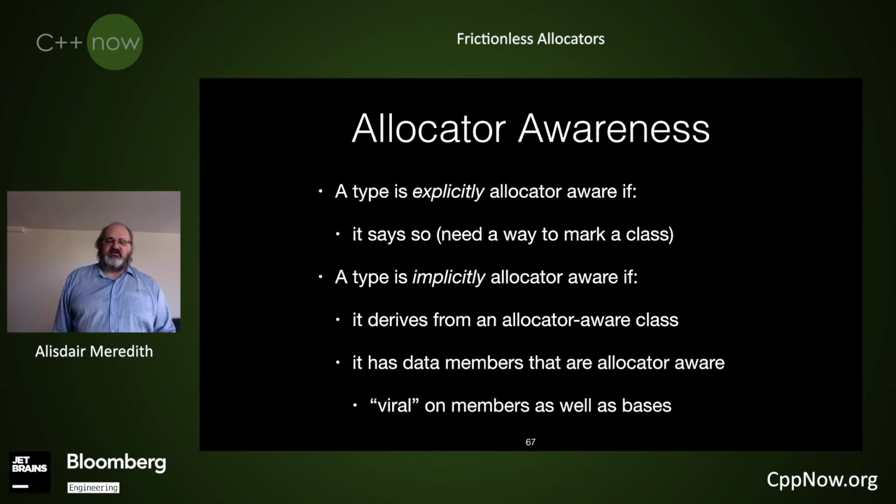It's like a virtual function makes your type polymorphic. We're going to be viable if our data members are allocator aware. You also become allocator aware and opt into all this new behavior, whatever this new behavior I'm about to talk is.